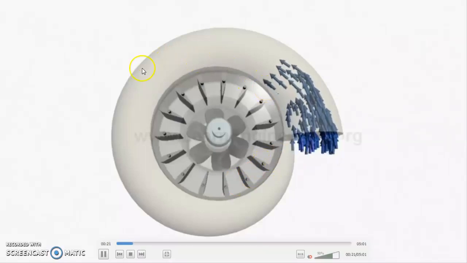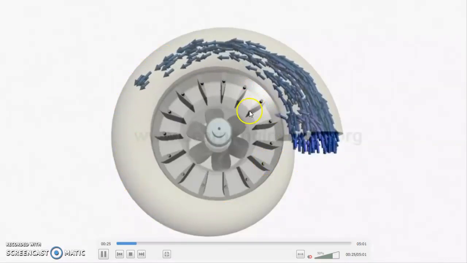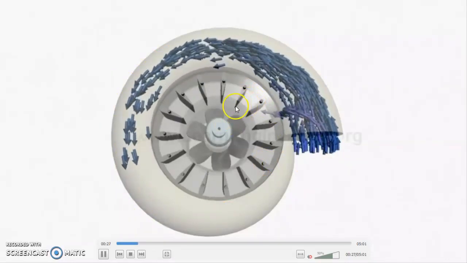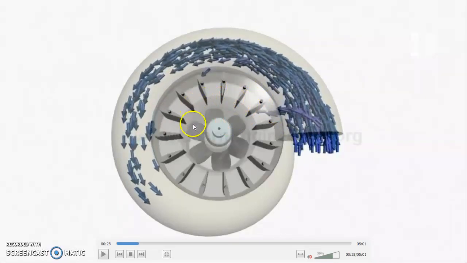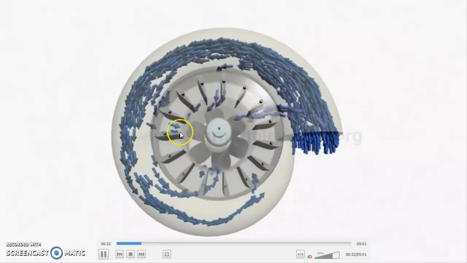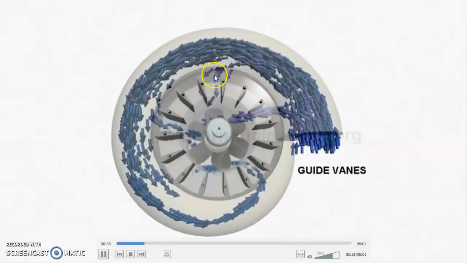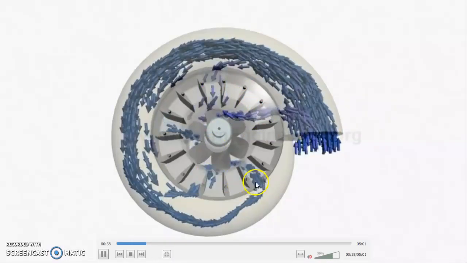Now the water will enter this spiral casing, and now it will enter these guide vanes. These are the guide vanes. Now it is going to enter these guide vanes not radially but axially. You can see here, it is entering axially. It is entering in a straight line from different guide vanes.